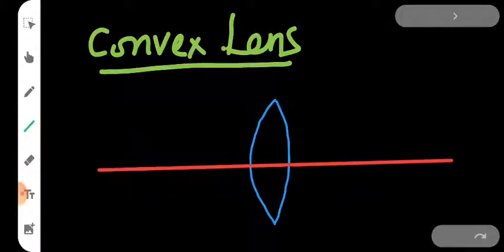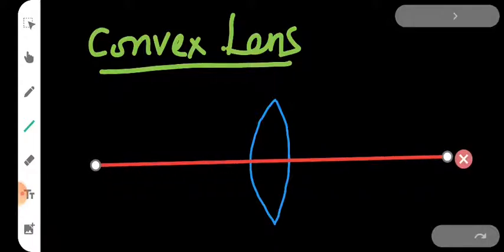So you need a principal axis, very good, and the principal axis is placed such that half of the lens is on top of the axis and the rest half remains underneath. So this is symmetry. Half is here, half is here. This must be placed at exactly the center of the lens, and this point is called the pole. The geometric center of the lens is called the pole, through where the principal axis passes.